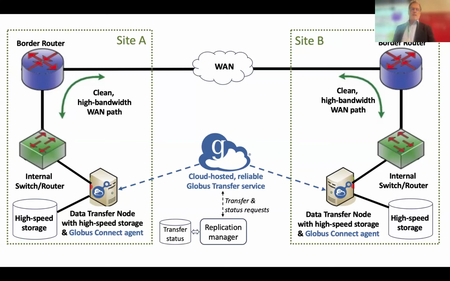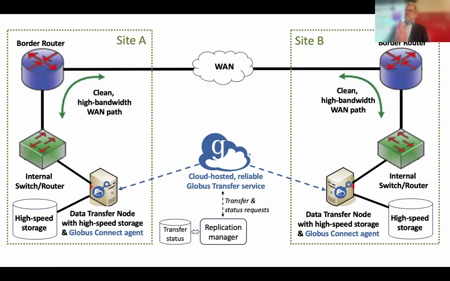The idea is you have these so-called data transfer nodes that sit behind a border router. Routes can be defined from one to the other right through the network, bypassing any firewalls. And these are all managed by this cloud-hosted Globus service, which is how most people nowadays tend to move data at high speeds from one place to another.